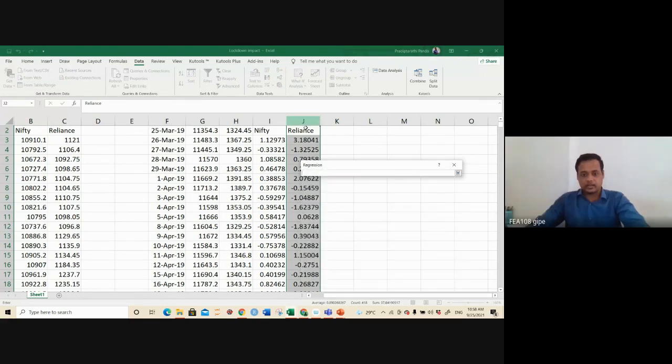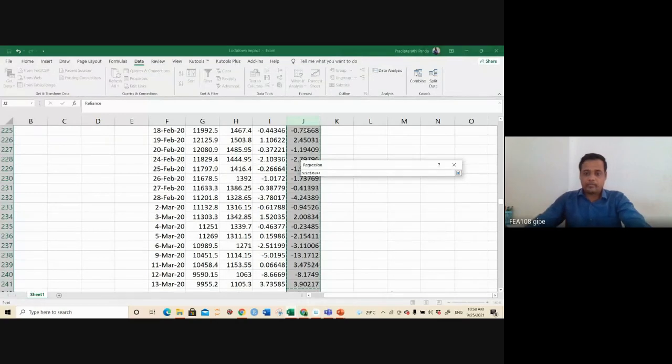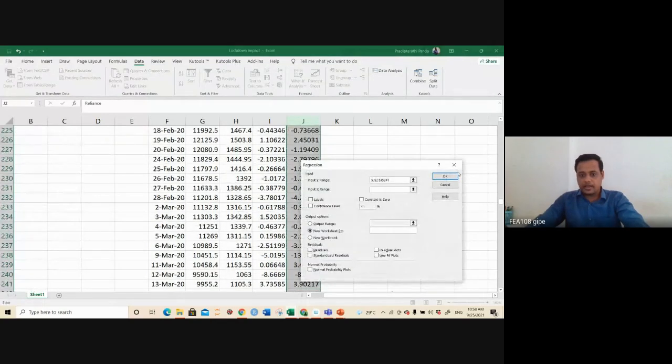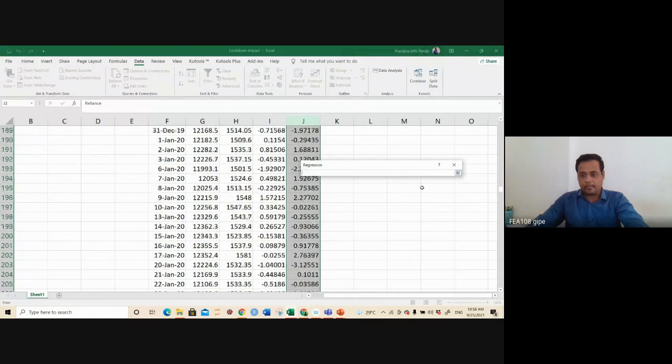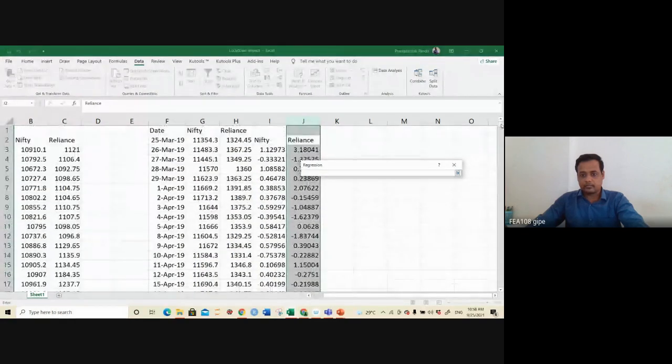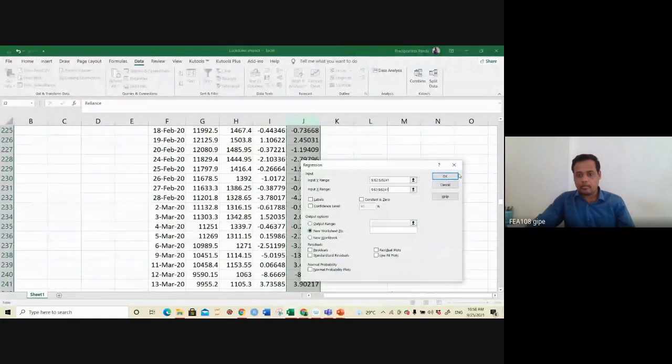So you select Y, then come to X, select X, then say labels. Labels means names are there in the first row. Then you can simply say okay.